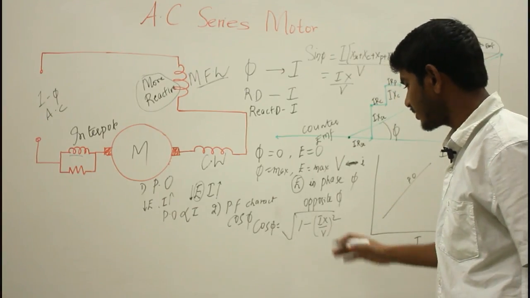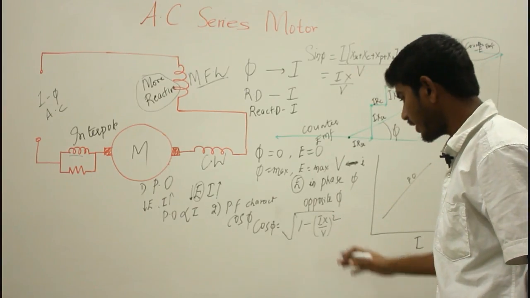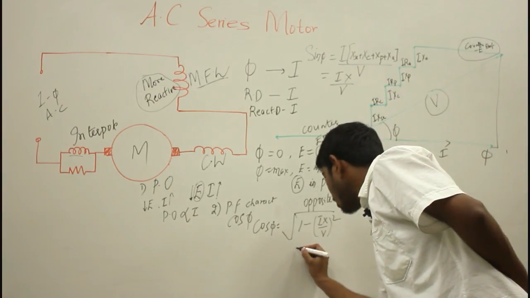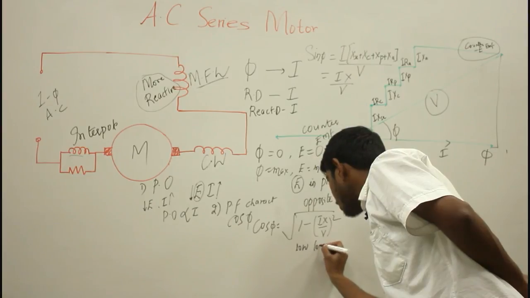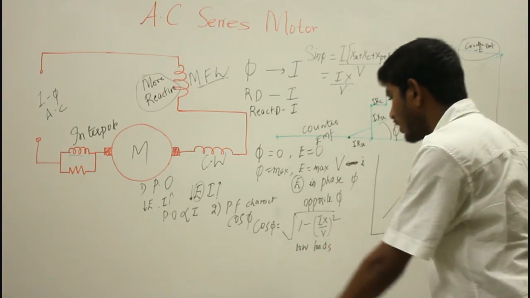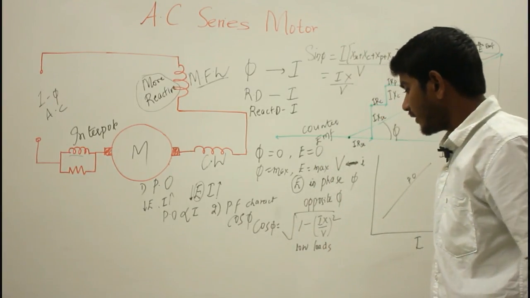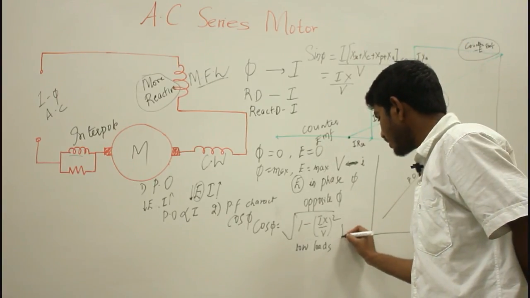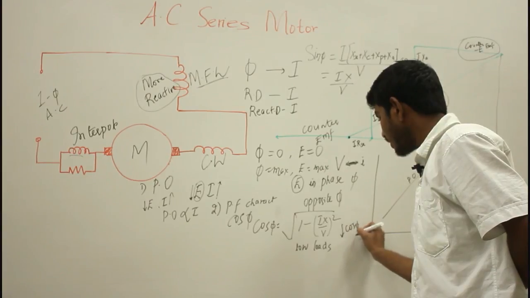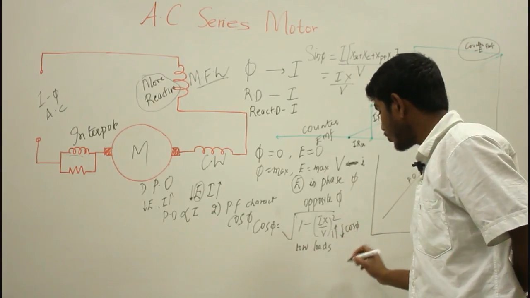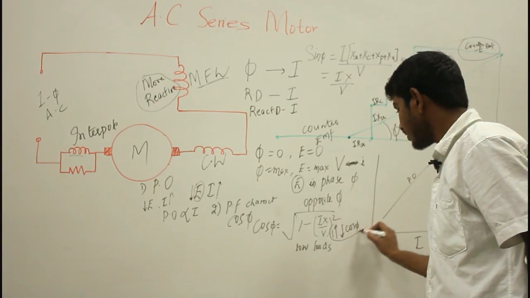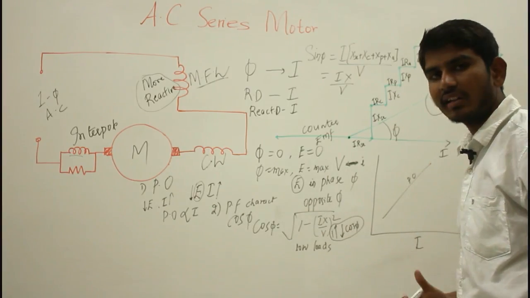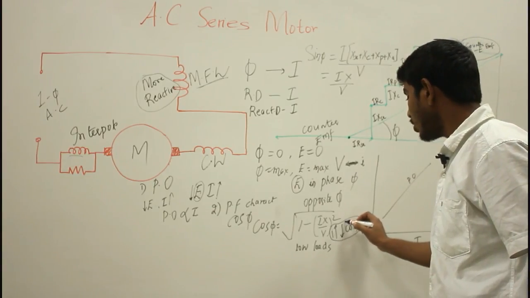You will witness the reduced reactance drop and the higher counter EMF at low loads. So at low loads you will have a higher power factor, and as you increase the current, there will be a drop in the power factor. That means at overloads and at starting, you will have a low power factor.